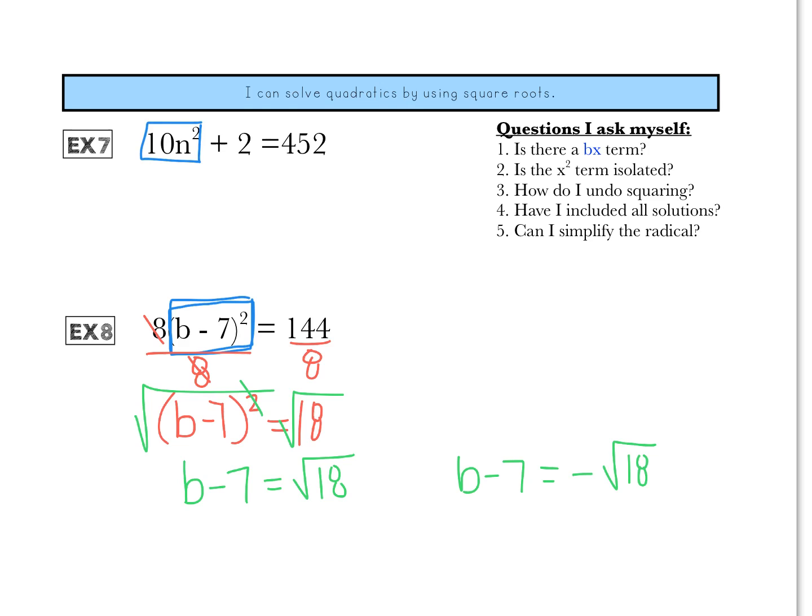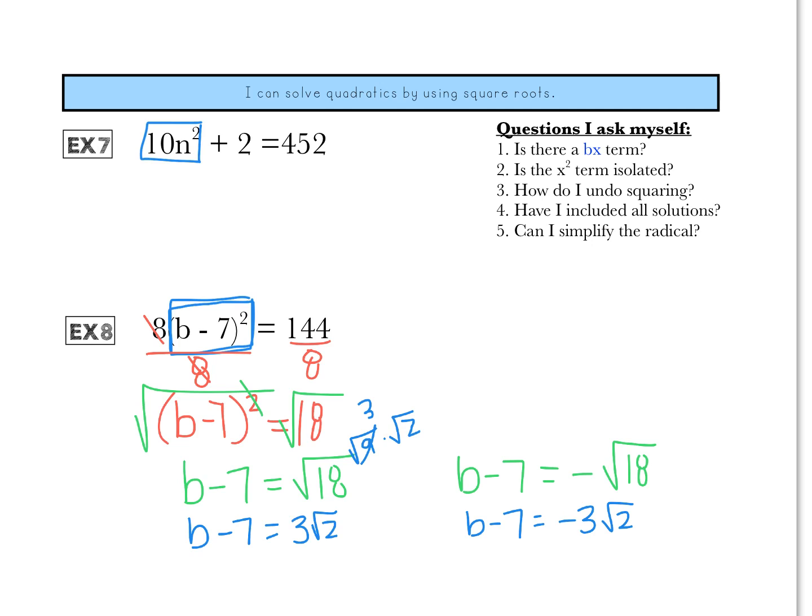All right, so right now I'm going to go ahead and simplify my radical just to make my life easier, because I recognize that the square root of 18 is really the square root of 9 times the square root of 2. And the square root of 9 is 3. So I'm actually going to rewrite this as b minus 7 equals 3 root 2, and b minus 7 equals negative 3 root 2.